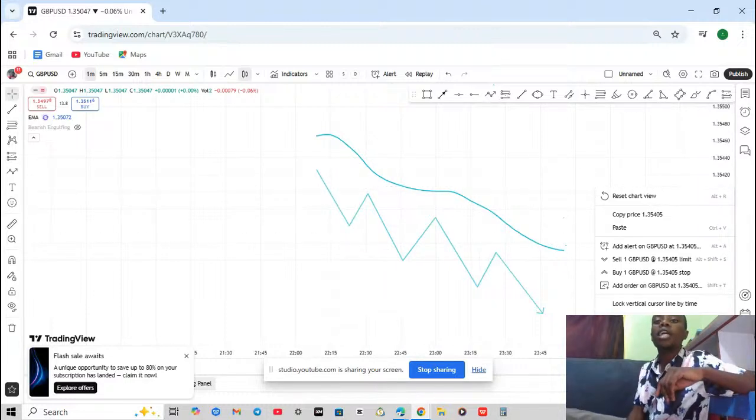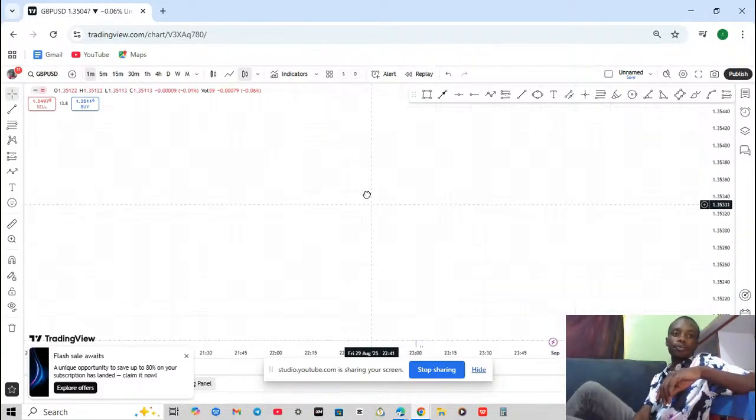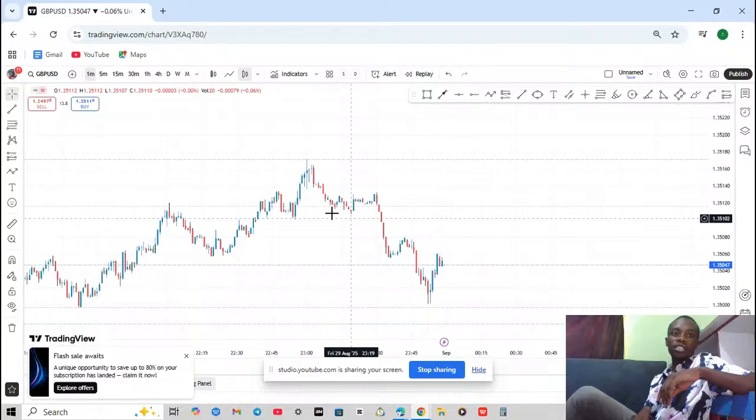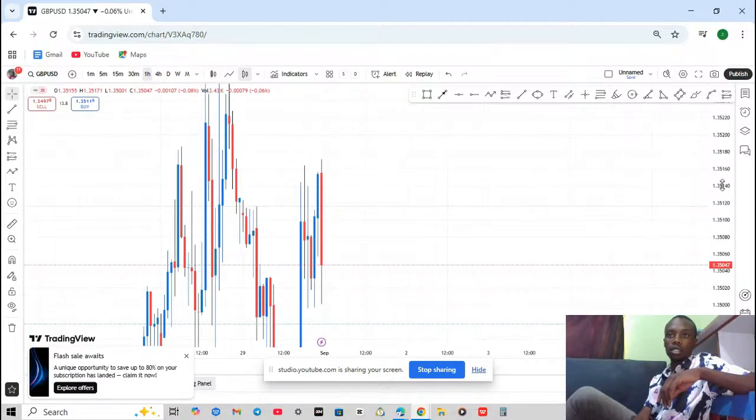We're going to see what to look for. So this is GU. Let's use the 1 hour and the 15 minutes chart.